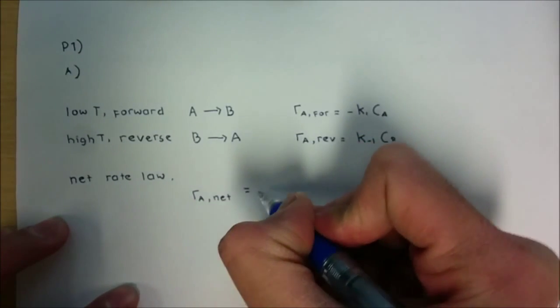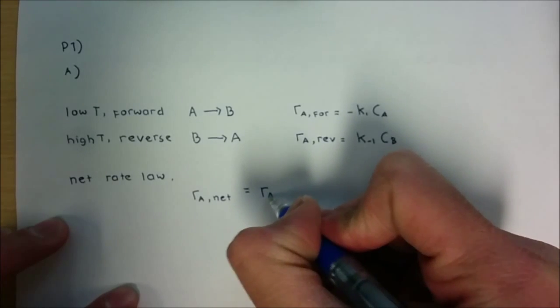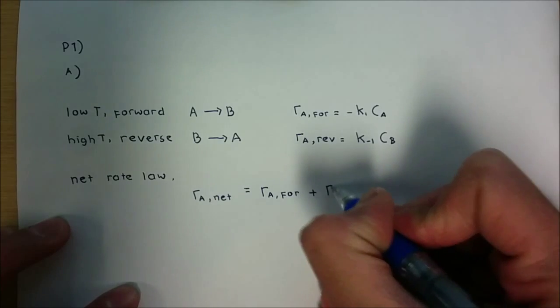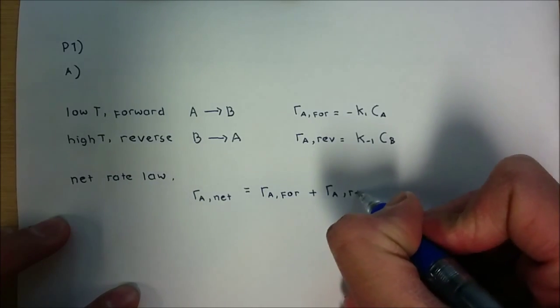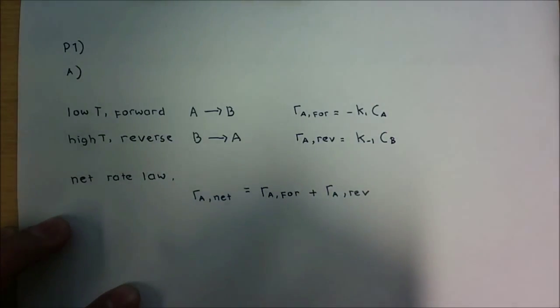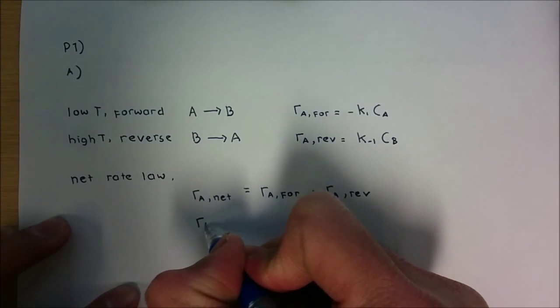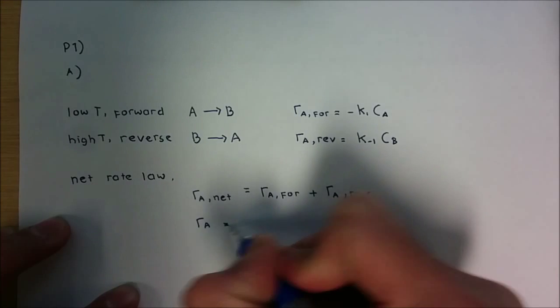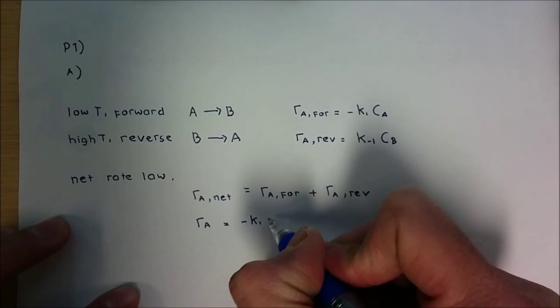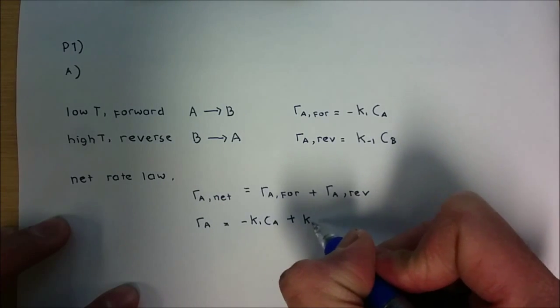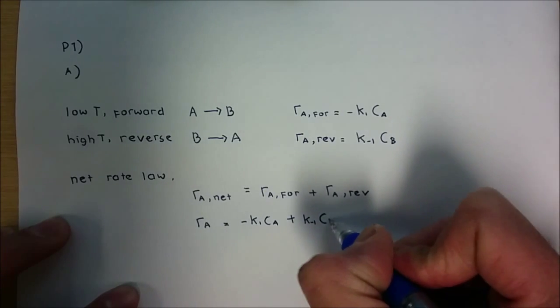It's going to be equal to RA forward plus RA reverse. So if we write it in terms of RA, it's going to be minus K1 CA plus K minus 1 CB.